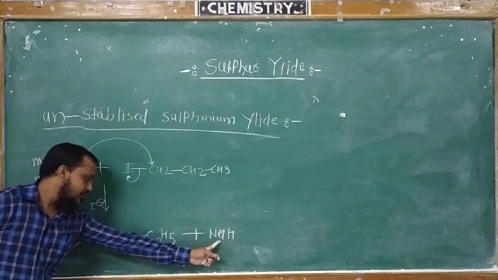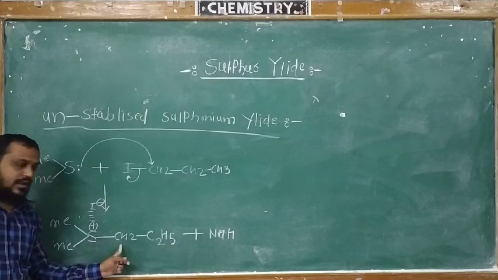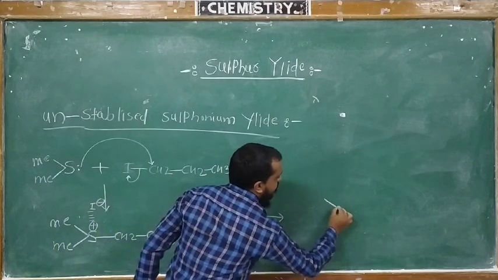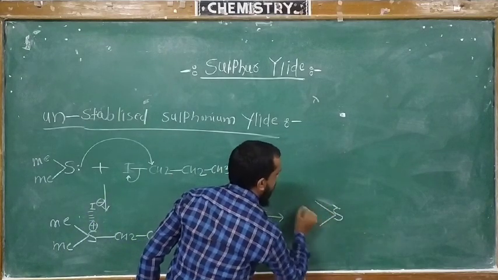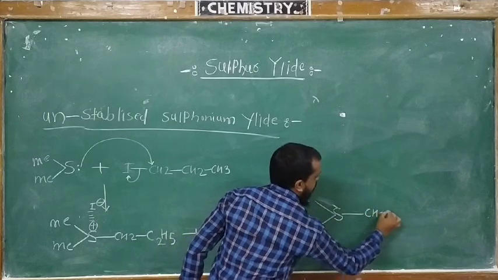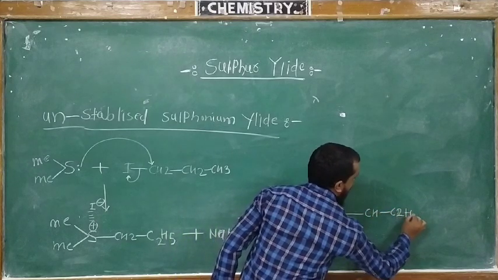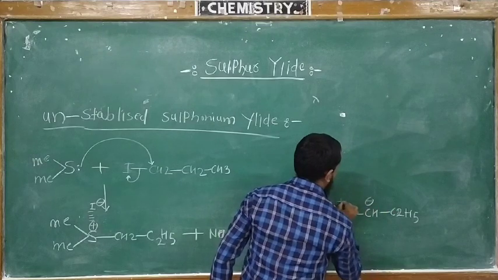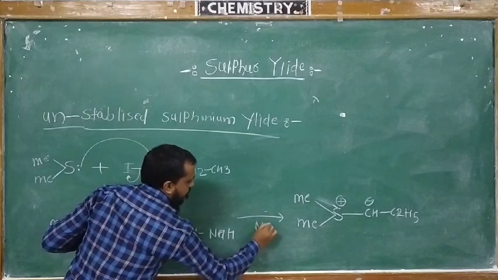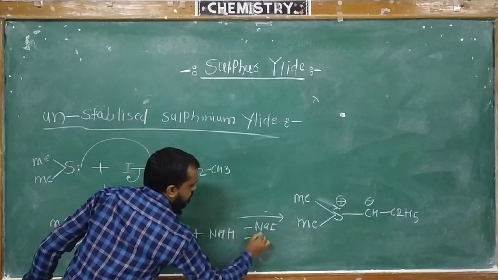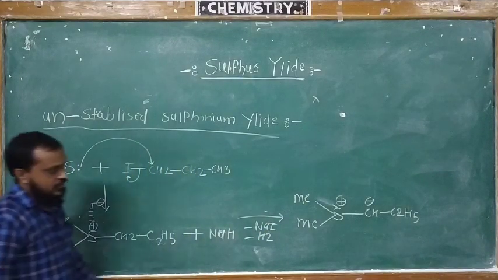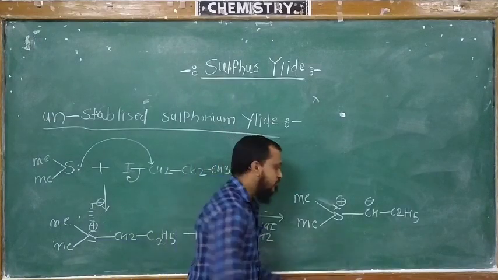And this strong base abstracts one proton from that carbon atom and we will get our final product. So this is our final product, sulfonium ylide.